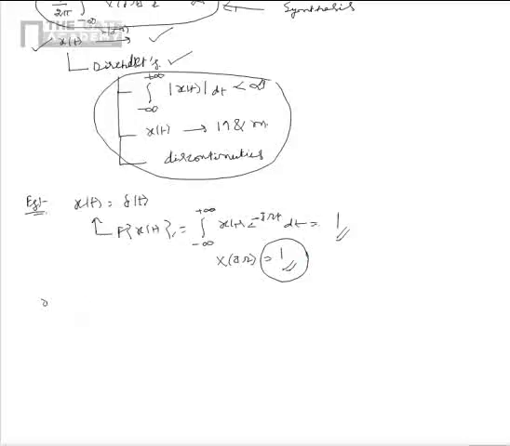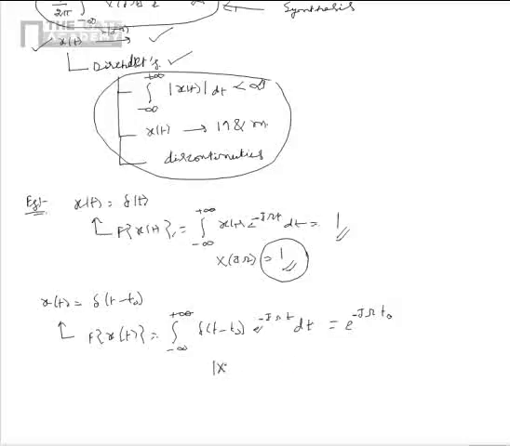Now let us consider another example, that is x of t is equal to delta of t minus t naught. The continuous time Fourier transform of the same is given as Fourier transform of x of t is equal to integral minus infinity to plus infinity delta of t minus t naught multiplied by e power minus j omega t dt. This is equal to e power minus j omega t naught on simplification.